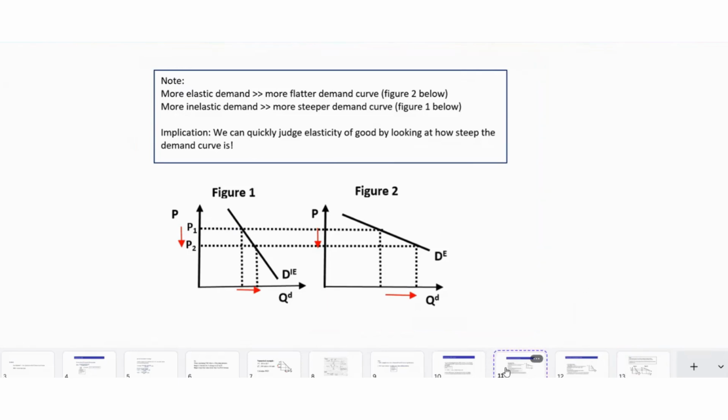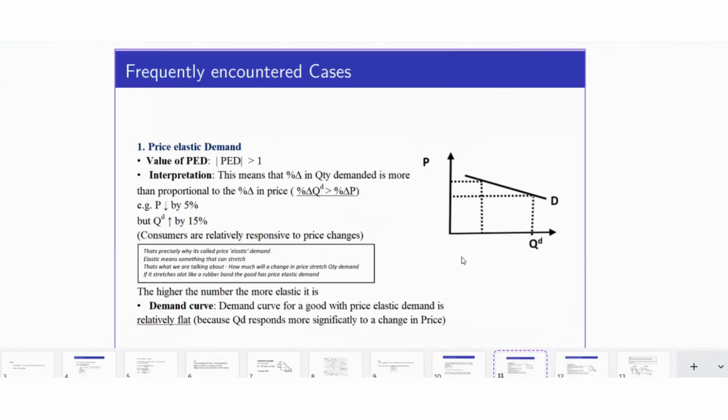So when we compare price elastic and price inelastic demand, just remember, elastic means something that can stretch, right? That's what we're talking about here. So we're asking, when price changes, how much does quantity demanded stretch? If it stretches by a lot, which means the percentage change in quantity demanded is more than the percentage change in price, we say the good has elastic demand, with a flatter demand curve.